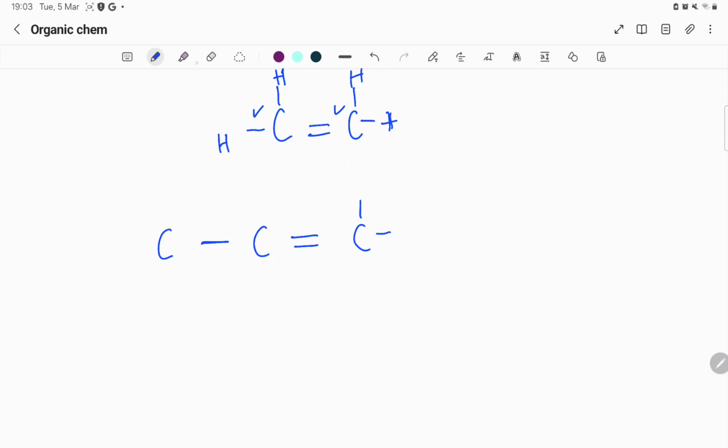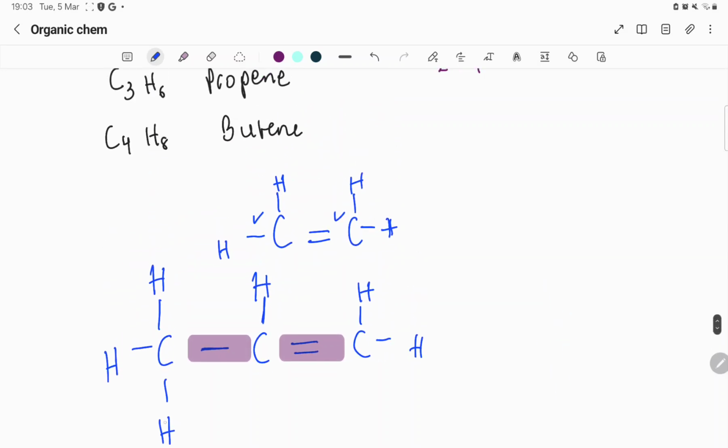Now, this carbon atom is satisfied up to 3 already. It has 2 from here and it has 1 here, which means that you're only going to add 1 more to this one. And then this one needs 3 more to be satisfied. And this is propene. And when you count them, 1, 2, 3, 4, 5, 6, it's the same thing.